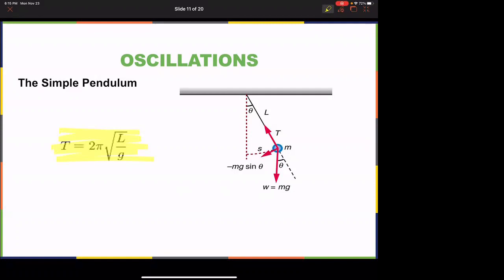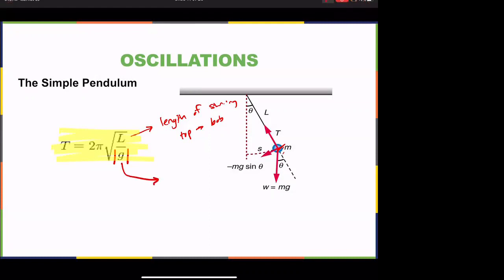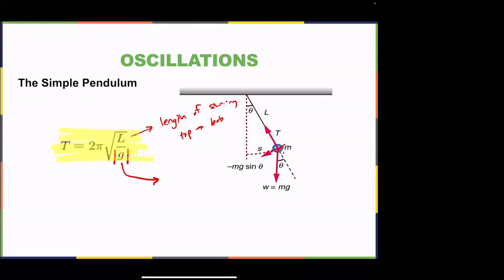So L, this L here, is the length of the string. And it goes from the top to the bottom, right to the bottom of the bob. So you can see the length goes the whole way down. You can use the middle or the bottom, it doesn't matter. And then g, this is actually the absolute value of g. So when you're doing the lab, make sure you're not getting an imaginary number here. You're not putting a negative into this square root.